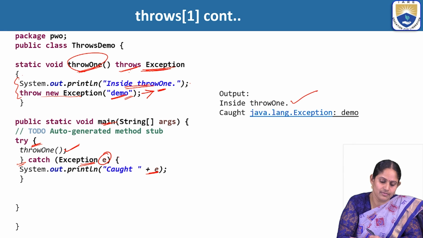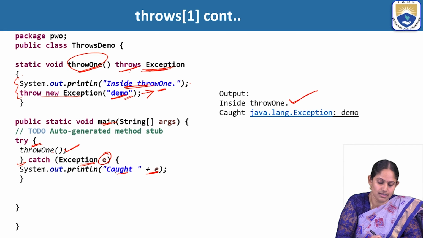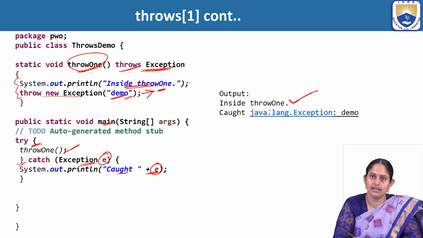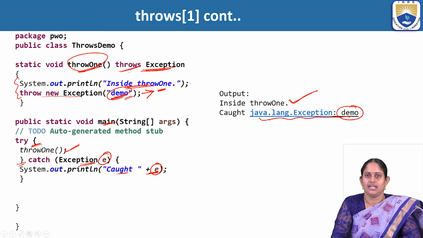When throw1 is called, it will first display the statement inside throw1. So you get this statement in the output, and then inside the catch block it is displaying the error object. So we get java.lang.Exception demo. This demo error message was obtained from here.